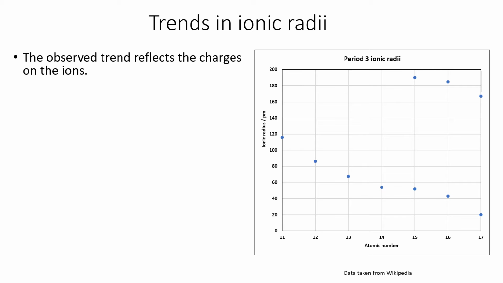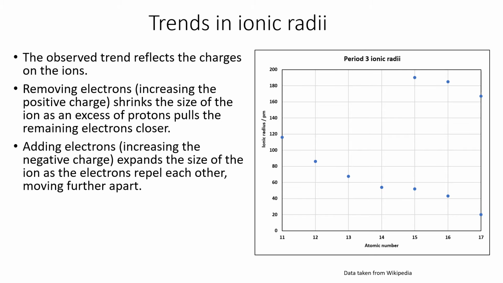Just as the atoms would shrink going from left to right across the period, the positive ions shrink as well, in fact even more so, because you've got an additional loss of electrons, and so you have a greater proton to electron ratio, a higher net charge, and so an even greater shrinkage.